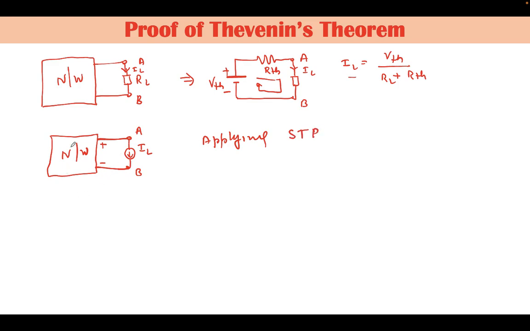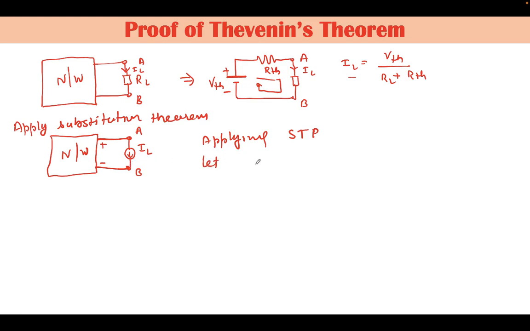Here we applied the substitution theorem. According to the substitution theorem, the current flowing in this branch can be replaced by a current source. Now apply the superposition theorem to find the voltage across terminal A and B.